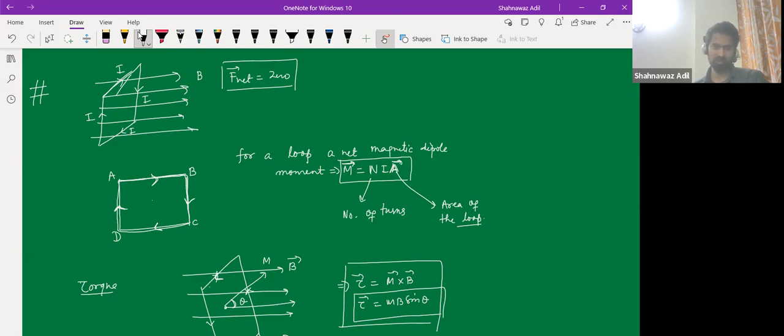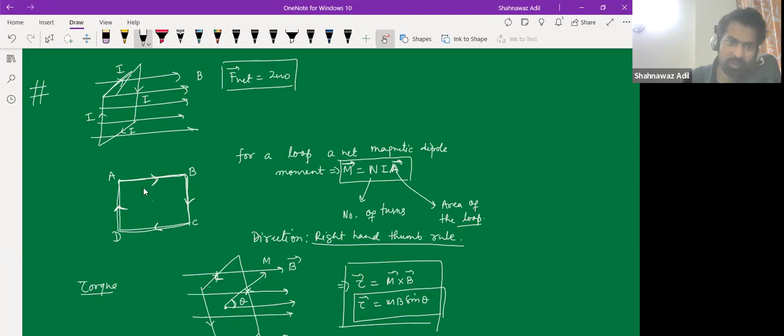And direction, how can we determine the direction? So direction is right hand thumb, right? So you curl your fingers and whatever direction you get.